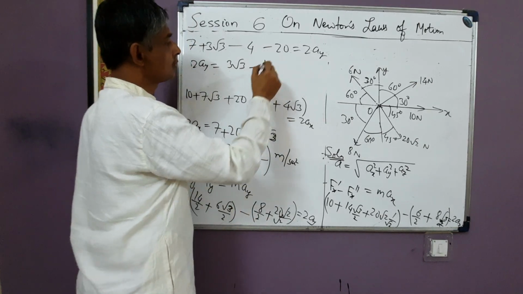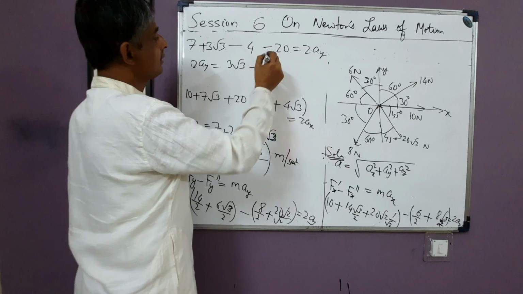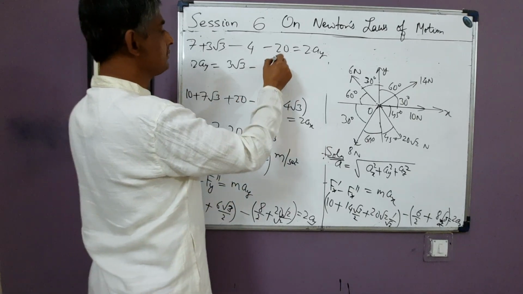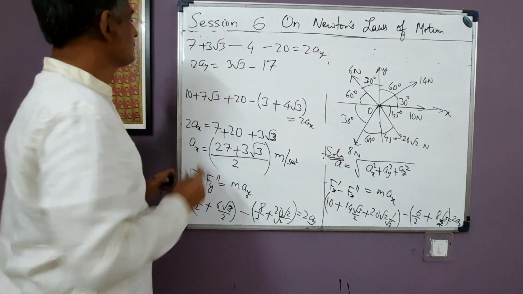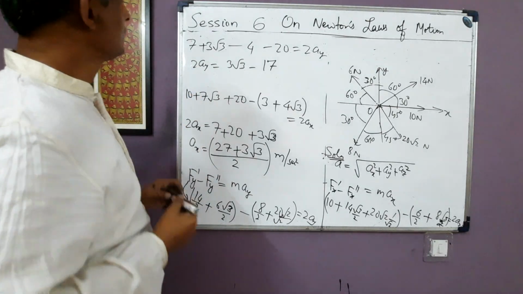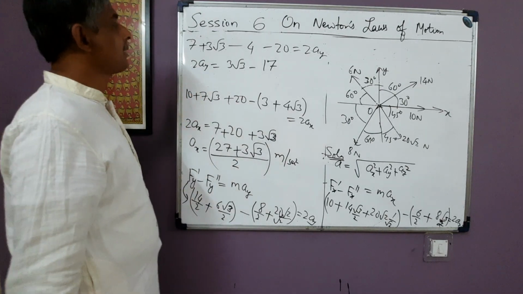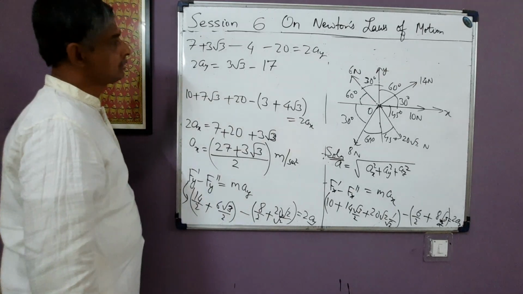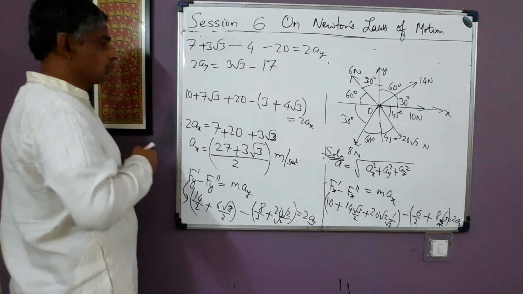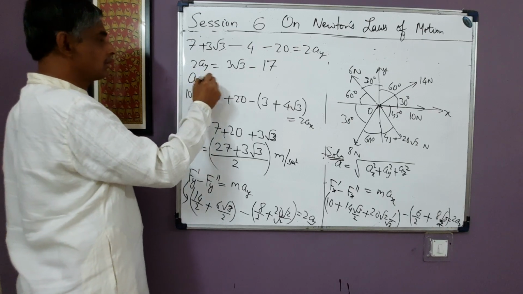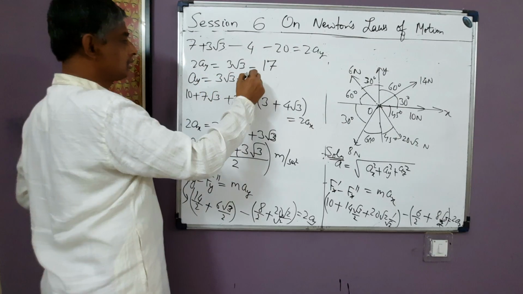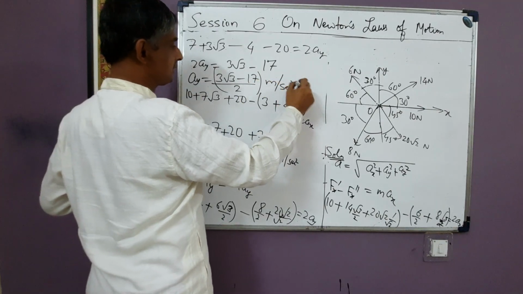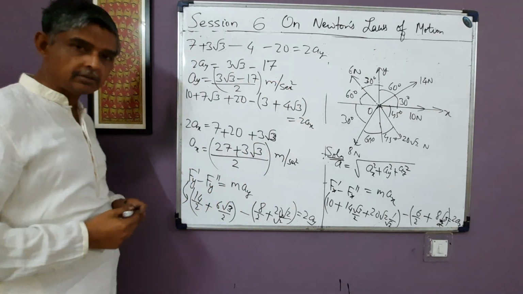Not 16, 17. So 24 minus 17, it becomes 17. Okay, fine. So 2Ay becomes 3 root 3 minus 17. So Ay becomes (3 root 3 minus 17) by 2 meter per second square. This becomes Ay.